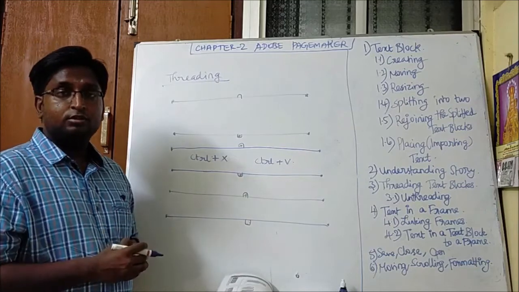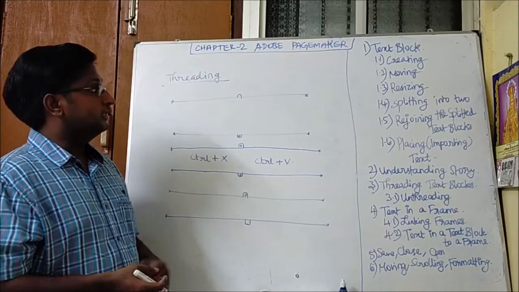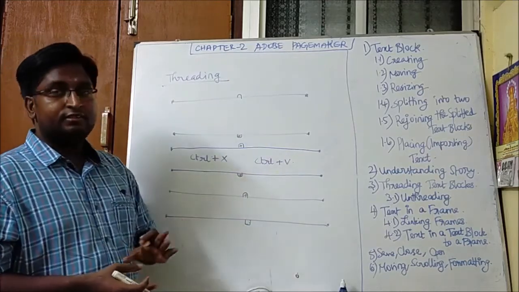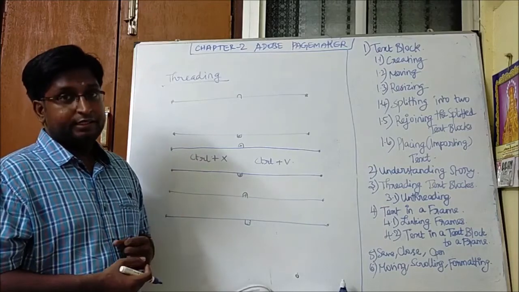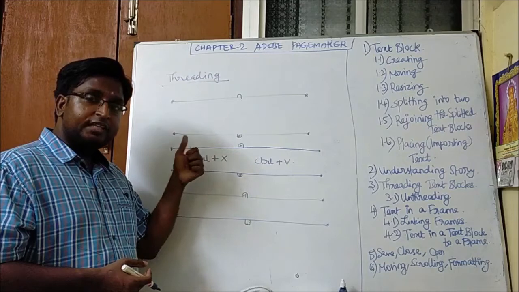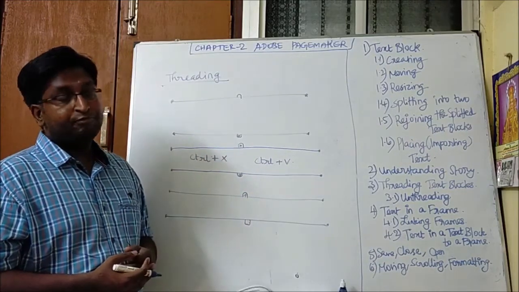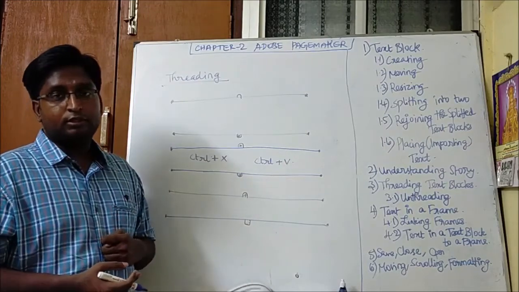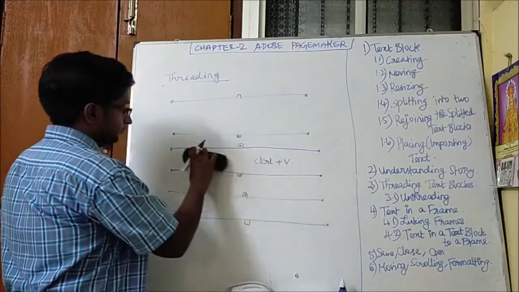The text block will appear again, but the threaded text blocks will be disconnected. That is the reason for cutting, removing the text block and pasting it again. So this is one type of method. What is the other type? This is similar.